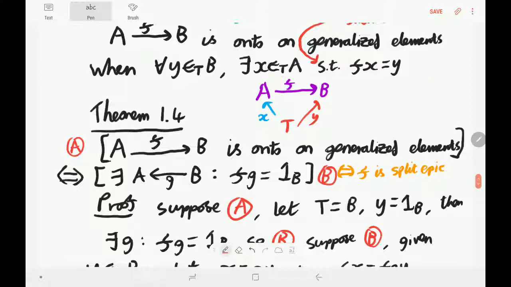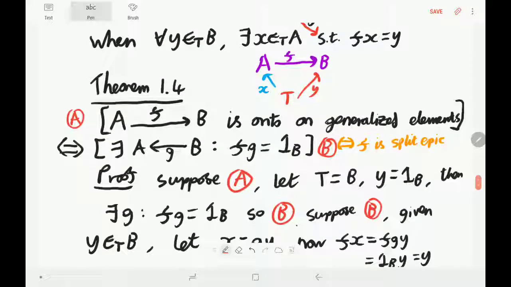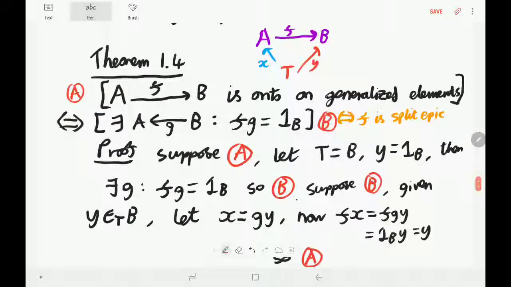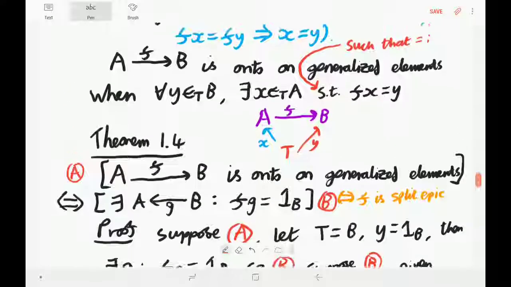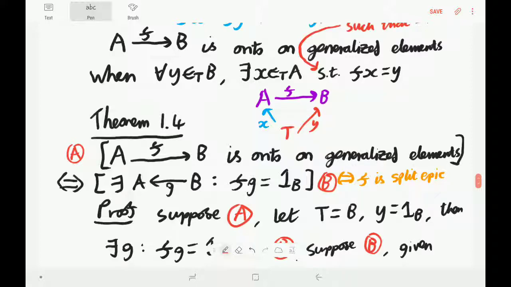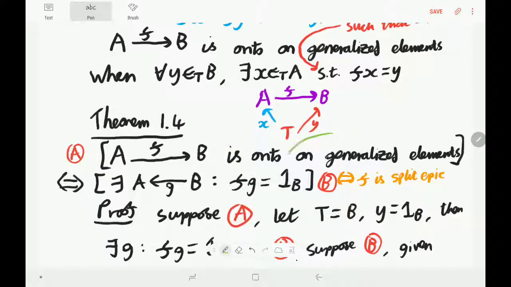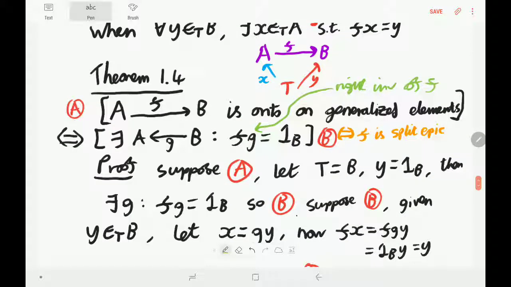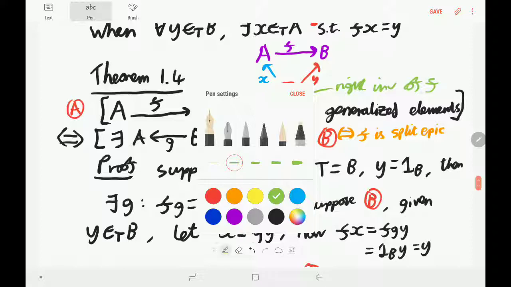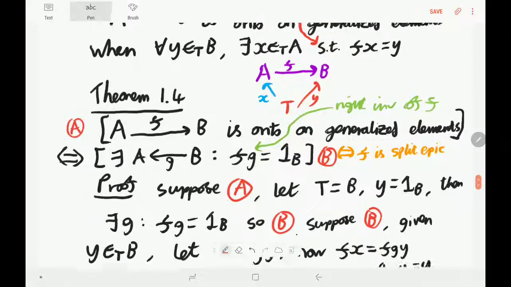So let's suppose we've got some arrow Y from T to B. Well then, we're assuming B, so we have this arrow G, which is also called a right inverse of F. Let's start again.